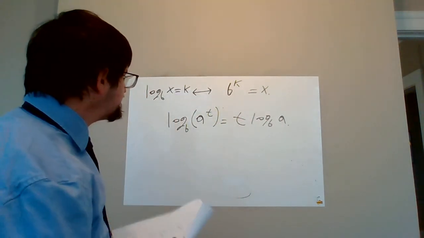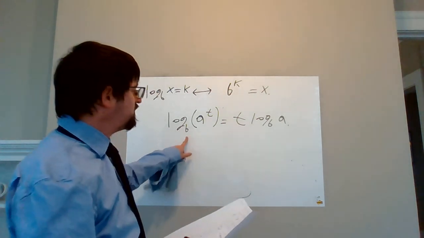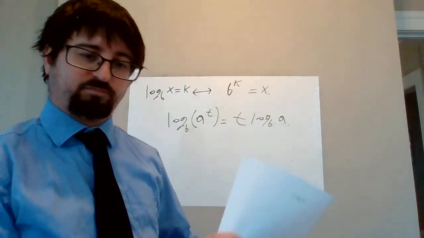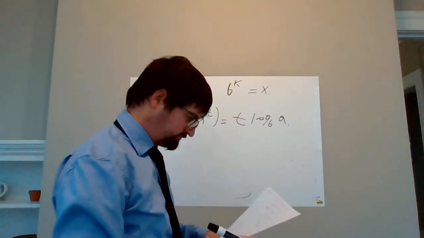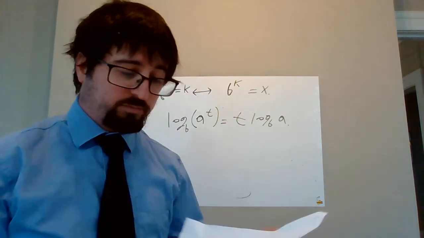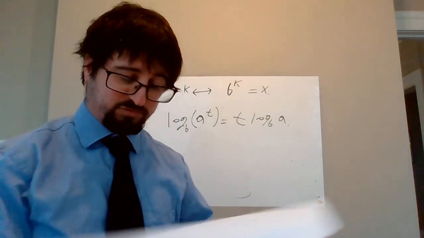And you're encouraged to spend some time thinking about what exponent rule this corresponds to. Okay. Those are our most basic log rules, and we'll do a little bit more with them over the next few days also.